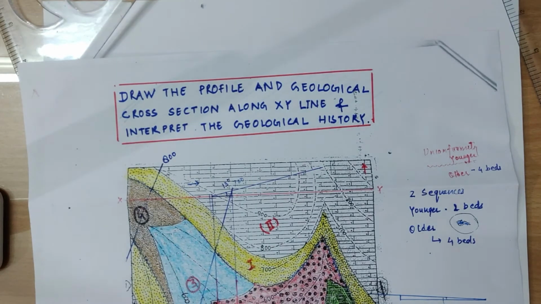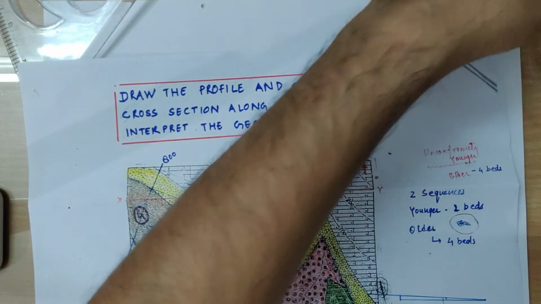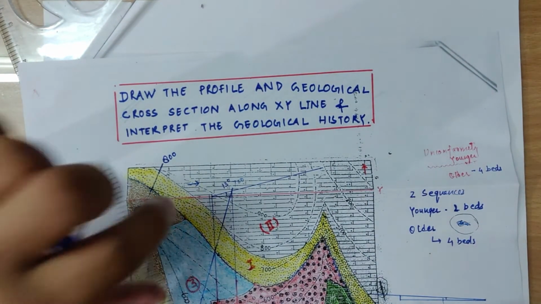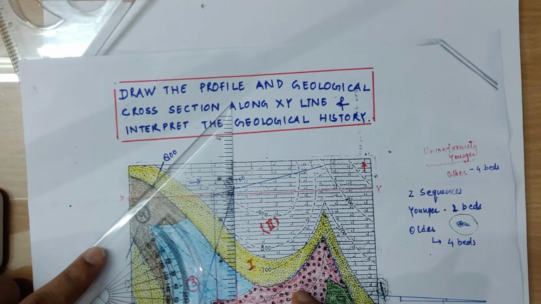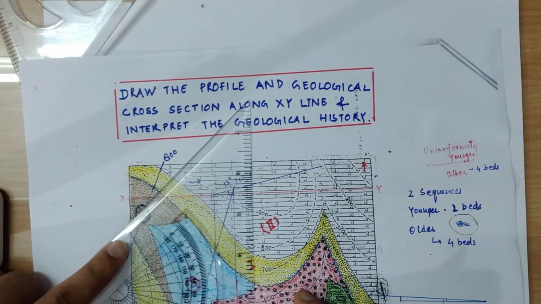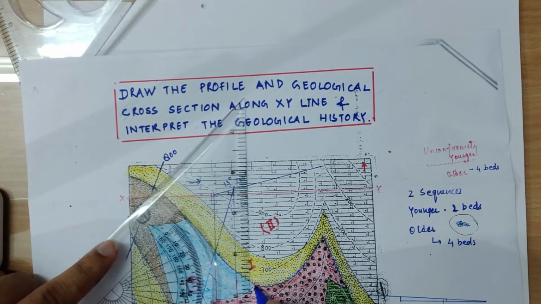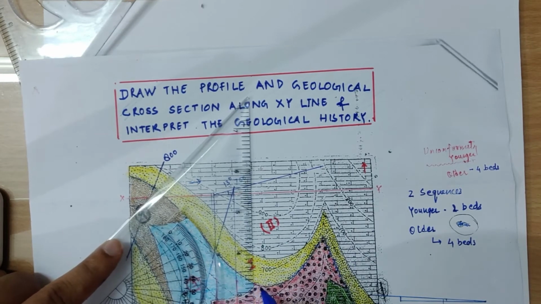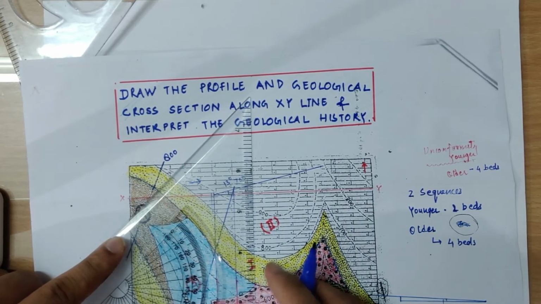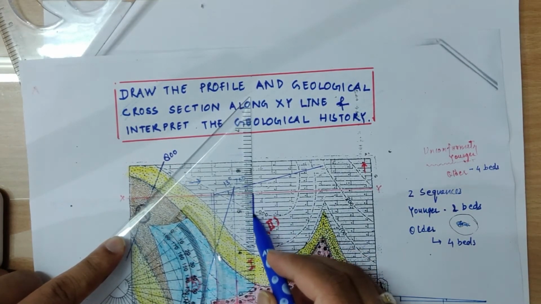I'm going to use some pen so that visibility is clear. So in order to stretch it, because this is the strike of the older beds, so these traces are up to here on the unconformity, we have to stretch them onto our profile line or section line.